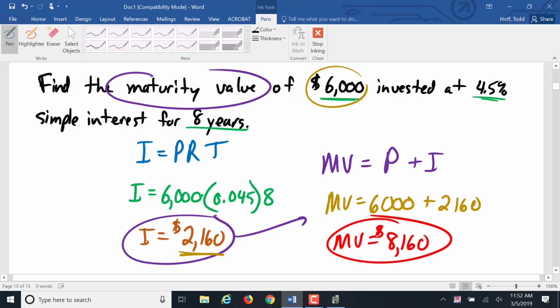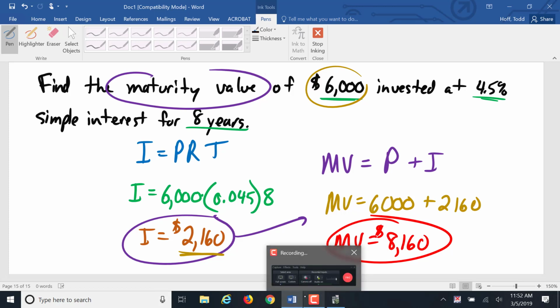Well, this simple interest formula can be solved going in the other direction as well.